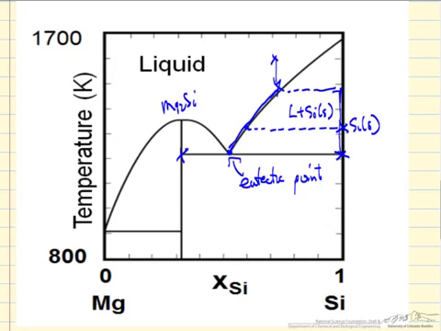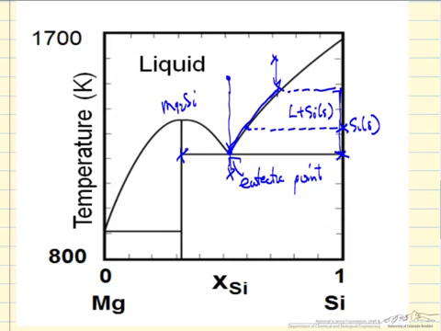If we were to start exactly at that composition and cool down, we would remain liquid until we get to here, and then both phases would form and all the freezing, solidification would occur at one temperature. And then as we cooled further, we have two solid phases in equilibrium.